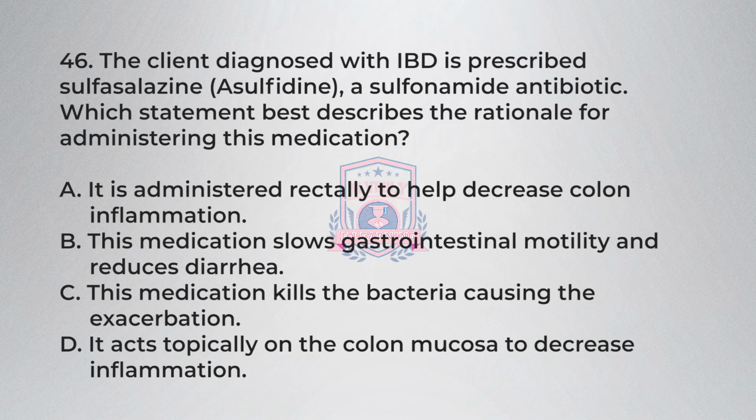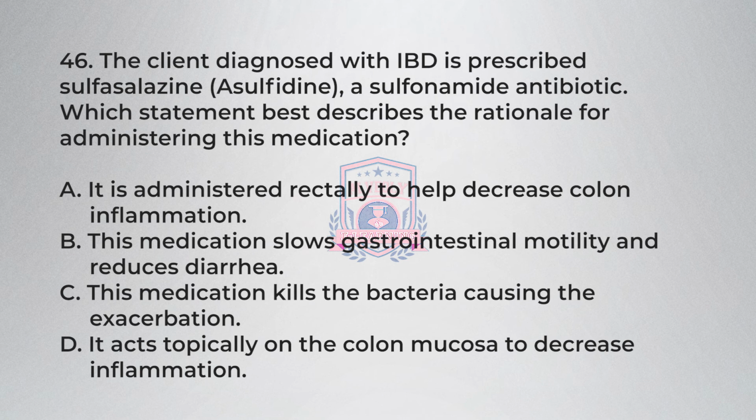Question 46. The client diagnosed with IBD is prescribed sulfasalazine, a sulfonamide antibiotic. Which statement best describes the rationale for administering this medication? A. It is administered rectally to help decrease colon inflammation.